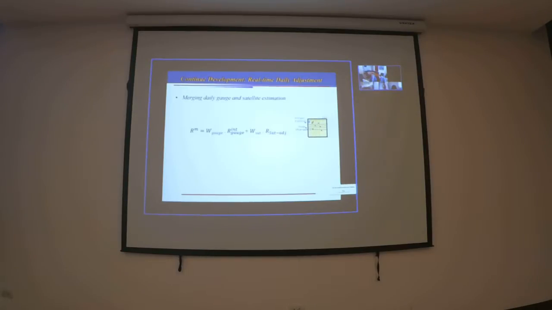We do have the satellite estimate adjusted by gauge, which you consider bias corrected. But we don't use the most current information, so we miss some information if it is available.